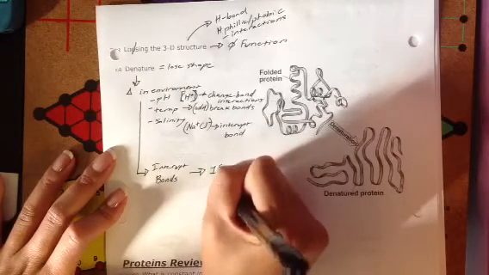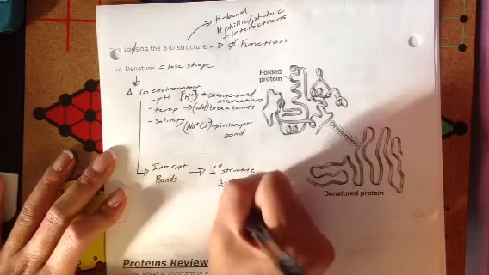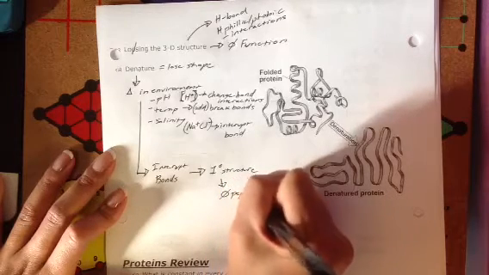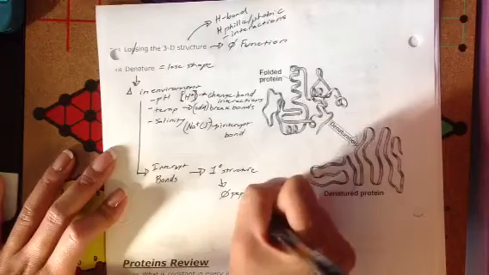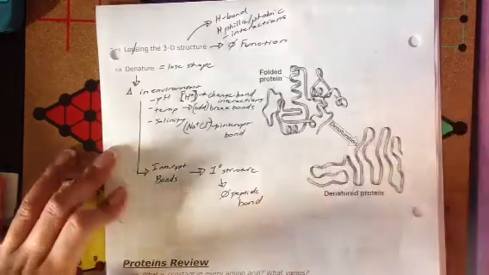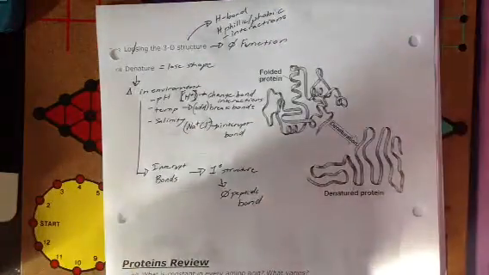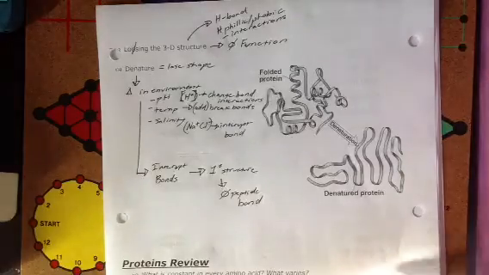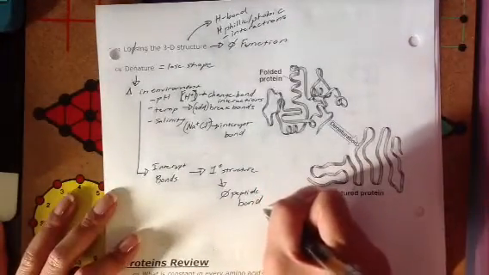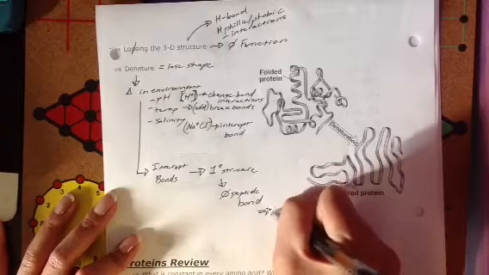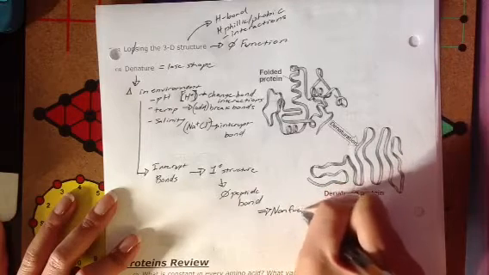And so then you can end up with no peptide bonds. You can even break it down all the way to the very beginning, where you'll no longer have your polypeptide sequence. Okay? And all of this will lead to it being non-functional.